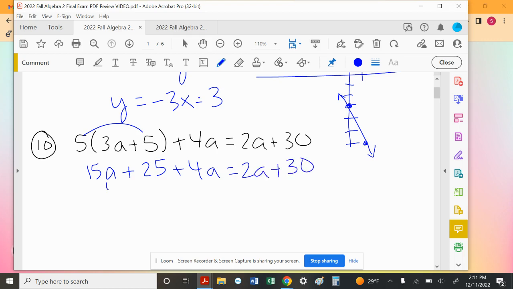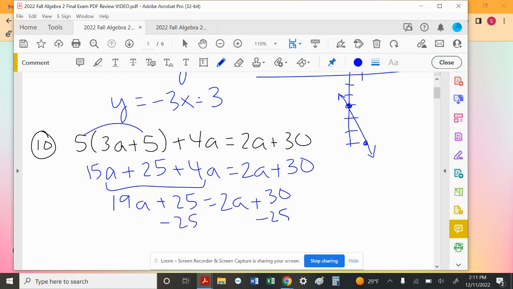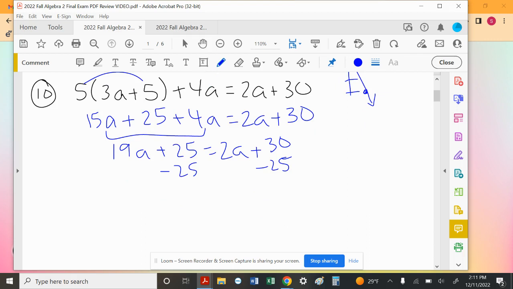My second step is to combine these two together. So I have 19a plus 25 equals 2a plus 30. My next step, depending on what you want to do first, is I'm going to subtract 25 from both sides. So I have 19a equals 2a plus 5.